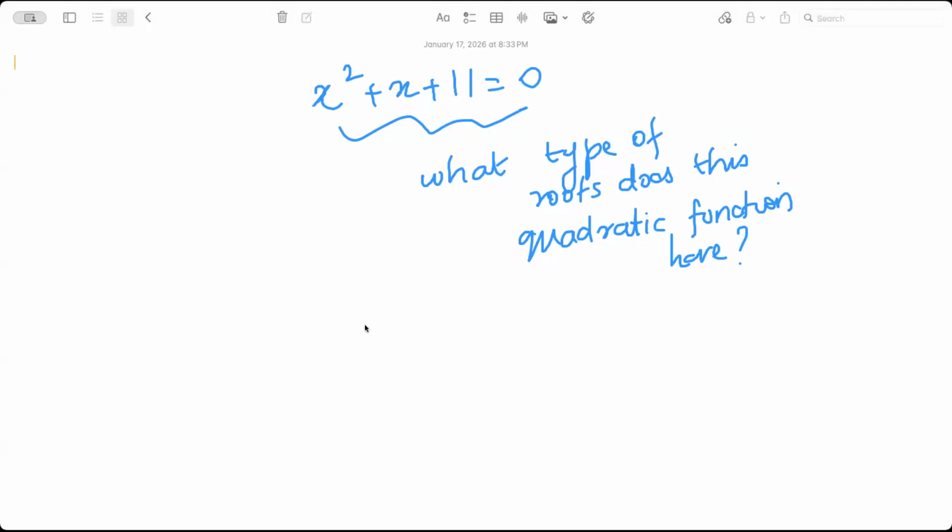Go ahead. What type of roots does this quadratic function have? Miss Priya, I sent my answer. Oh, sorry, yes, two of you sent. I did not see, honestly.